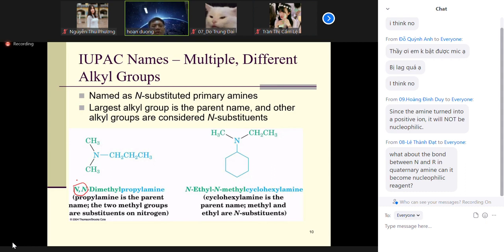But the question here: how come we don't put propyl before methyl? Again, how come, or why?